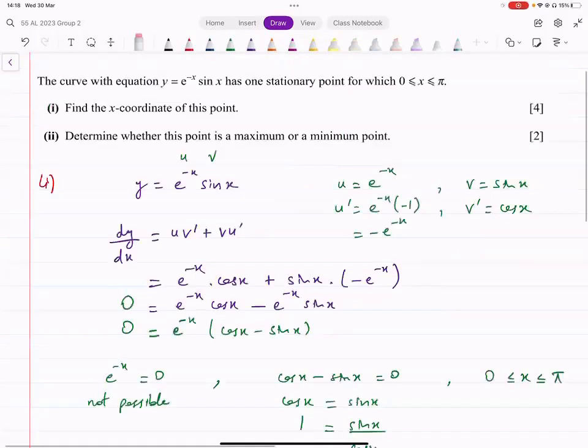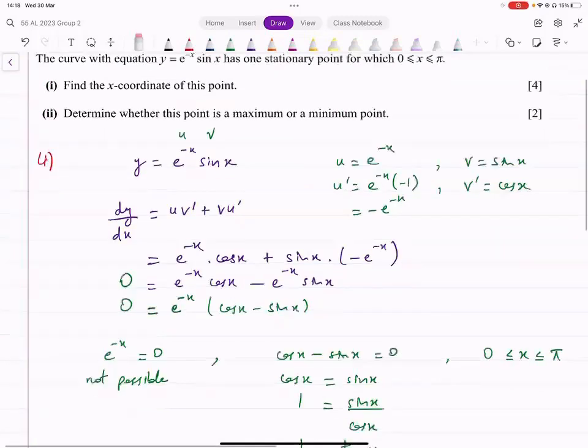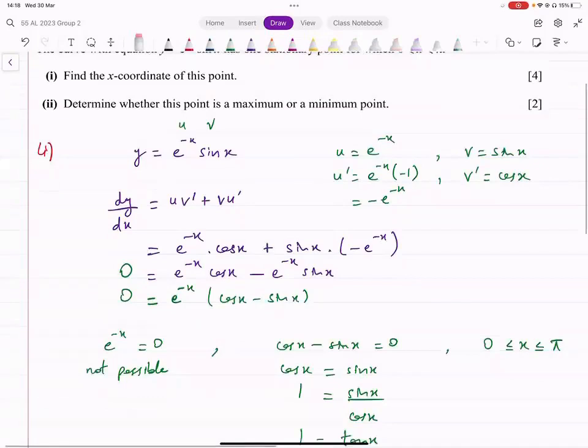In the second part, it says determine whether this is a maximum point or a minimum point.